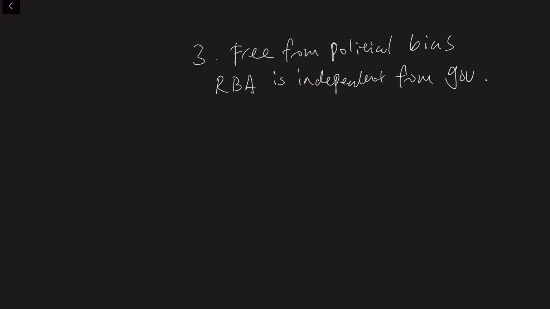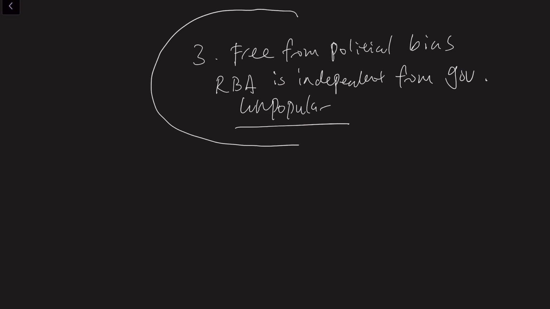They can introduce very unpopular policies, such as increase interest rate, but it is actually in the best interest of Australian people in the long term. So in the exam, when they ask you about the strength of monetary policy, be sure to include this point, because that's really the key advantage of monetary policy.